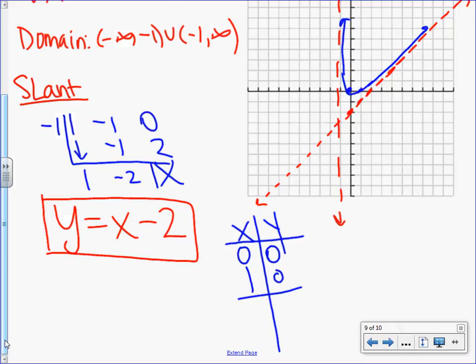All right, on the other side of -1, what happens when we plug in -2? -6. What happens when we plug in -3?